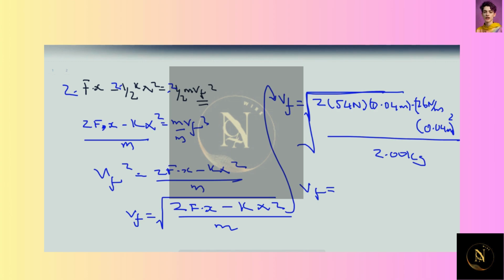If we plug in the numbers, we'll see this is the square root of 2 times 54 times 0.04, close that, minus 76.